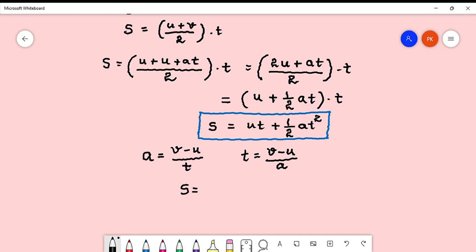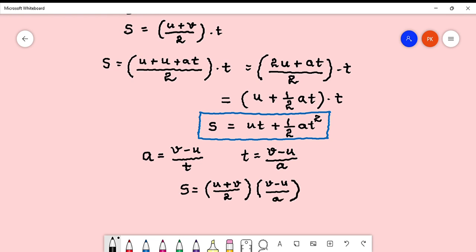So S is equal to U plus V upon 2 multiplied by, for T, I will put V minus U upon A.